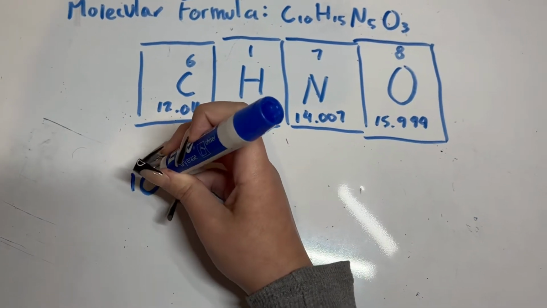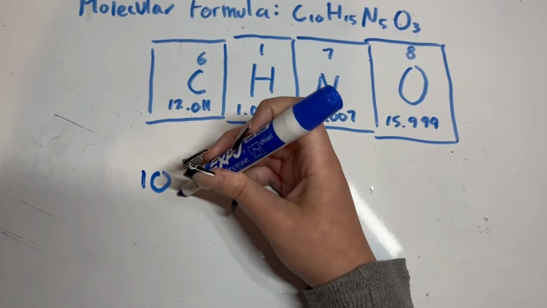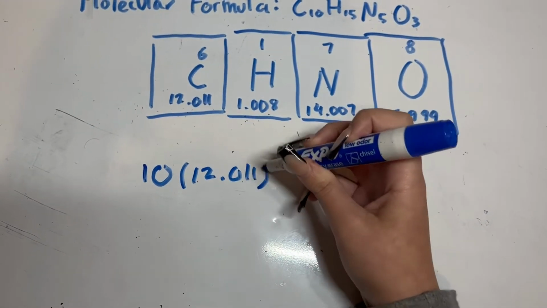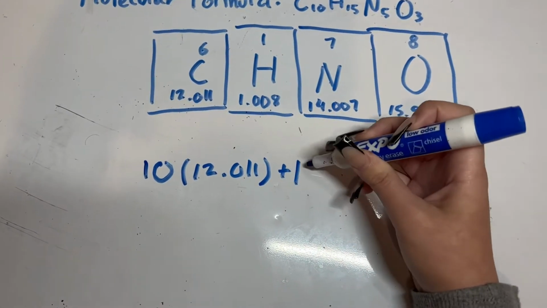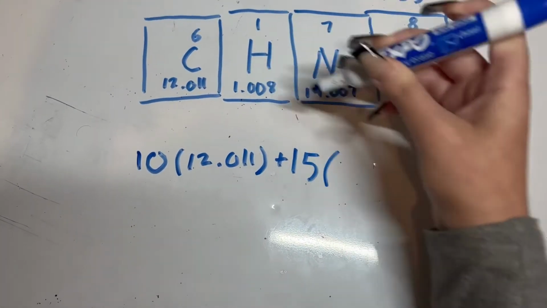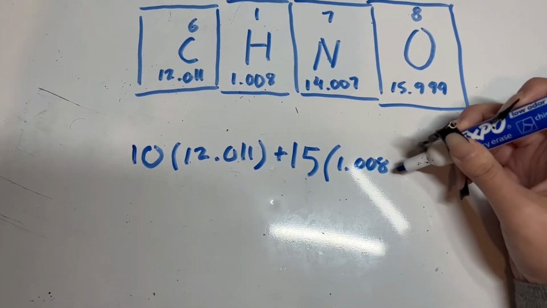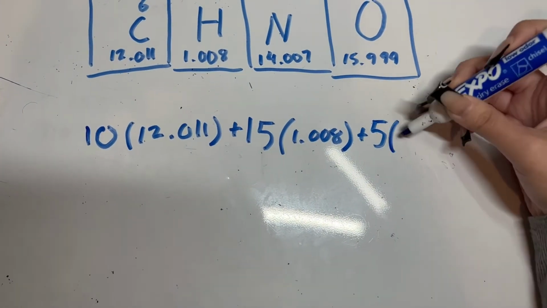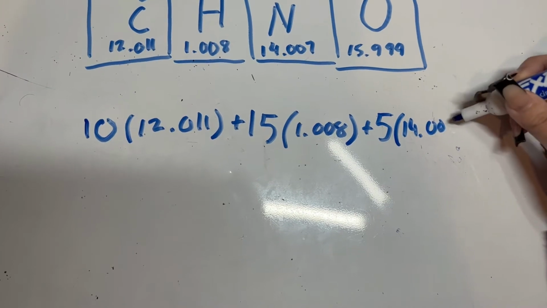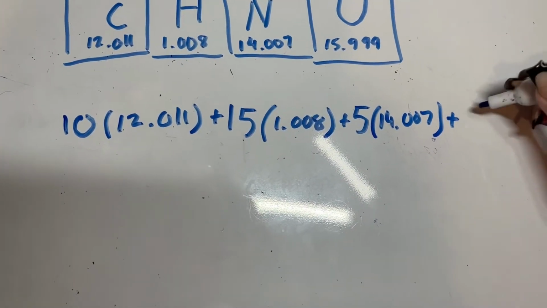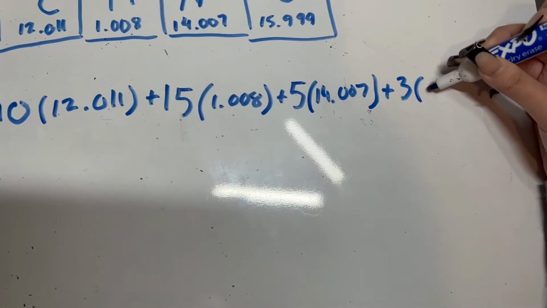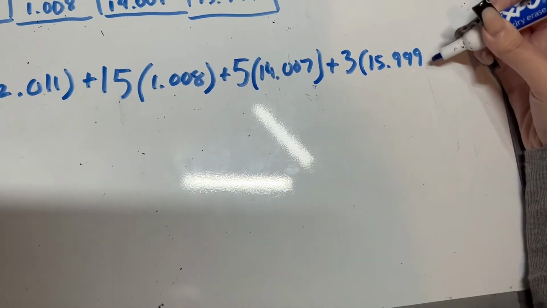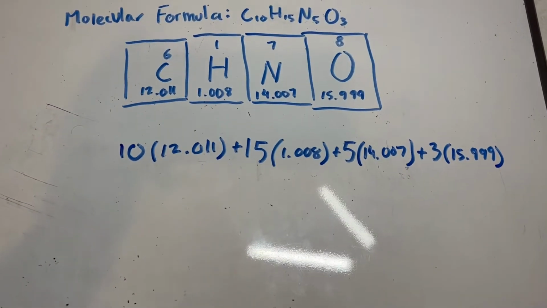So it'll be 10 from the C, and then we plug in the 12.011, plus 15 from the H, and then we put that there, plus 5 from the N, and then we plug in this, and then plus 3 from the O, and then plug in the 15.999.